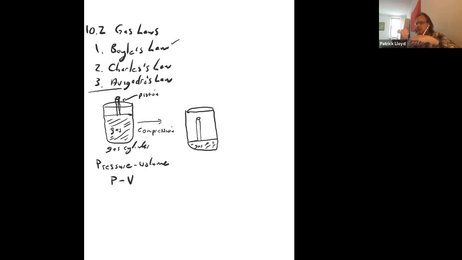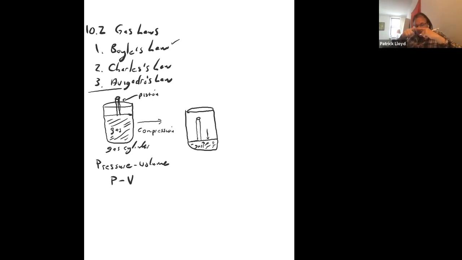And what we said in the last chapter was that when you stop compressing it, when you're no longer moving the piston, the 2 pressures are equal, meaning the external pressure, that's the pressure you're applying with the piston, is equal to the pressure of the gas, right? The 2 are pushing each other. They're going to have equal pressures. Okay.